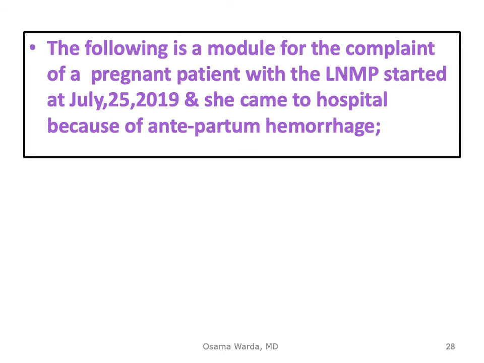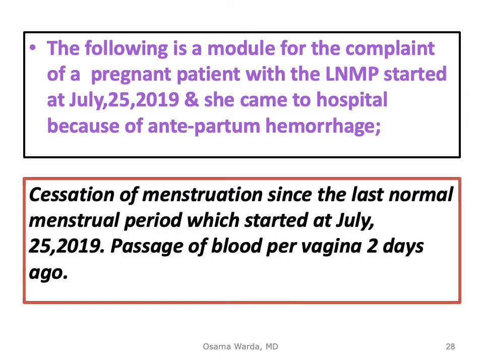This is a model for the complaints of a pregnant patient with the last normal menstrual period started on July 25th, 2019, who came to hospital because of antepartum hemorrhage. We start the complaint as follows: cessation of menstruation since the last normal menstrual period, which started on July 25th, 2019, passage of blood per vagina 2 days ago.